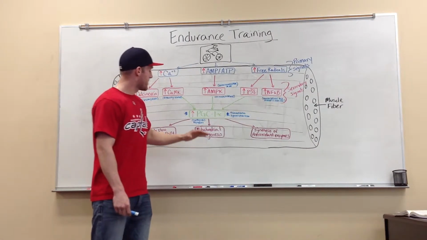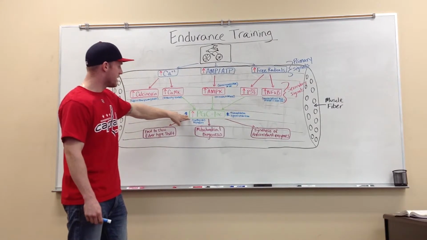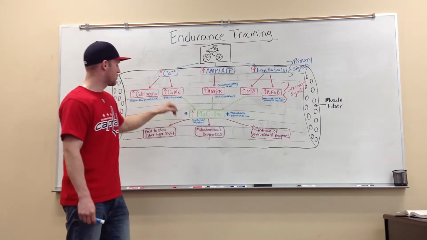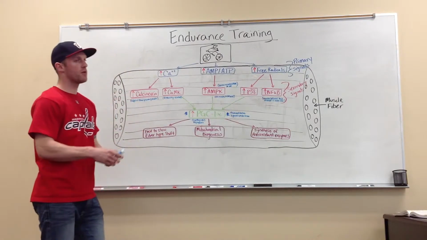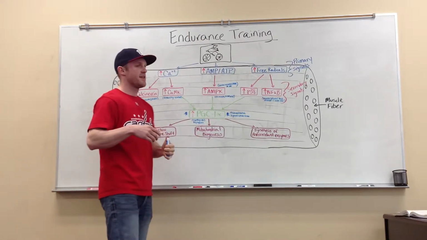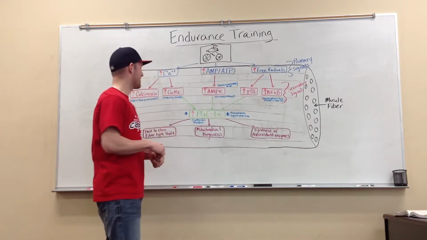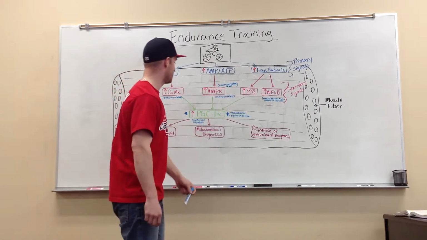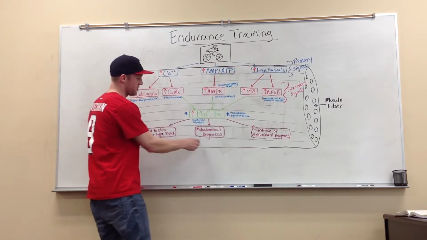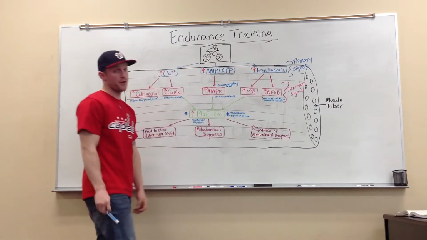Okay. Now, I have PGC-1 alpha starred, a star because it's the master enzyme that is produced during endurance training. This is where all the bread and butter comes from, because as you can see, this leads to the responses that we want for endurance training.